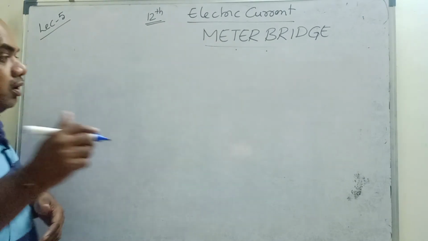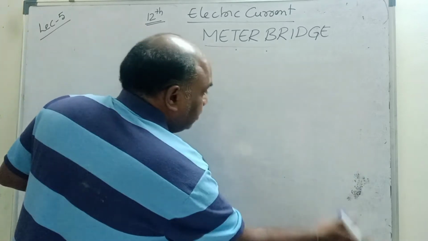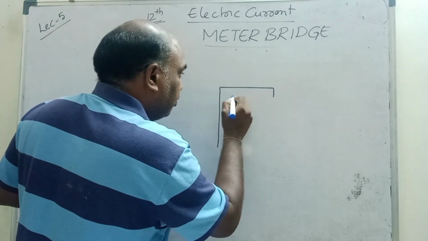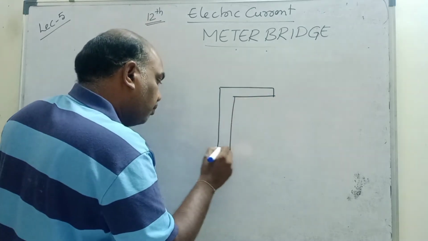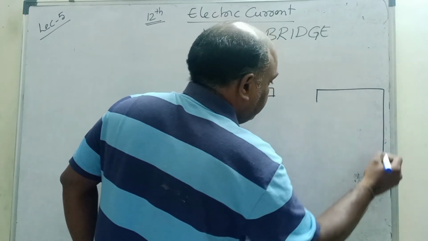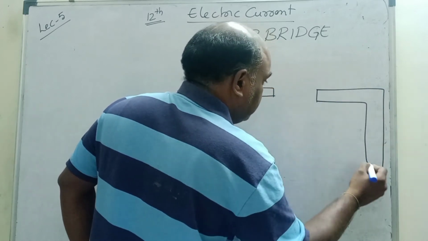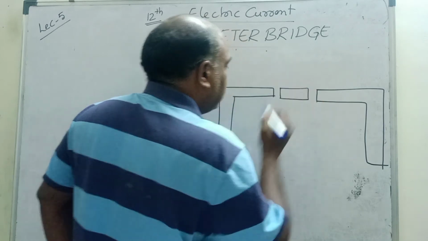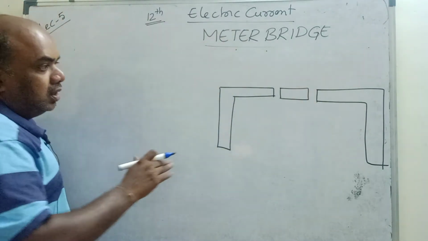See children, the meter bridge looks like this. This is an L-shaped copper strip. In between, one more copper strip is also present.